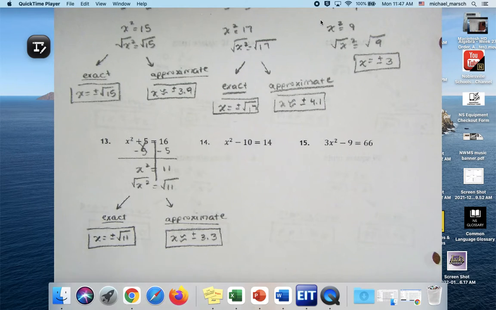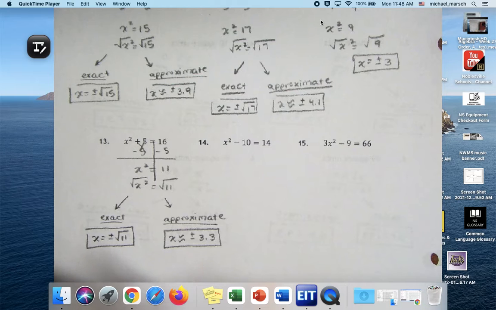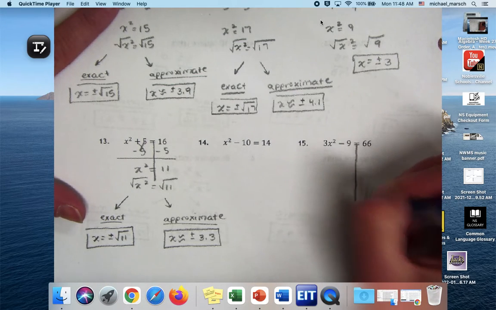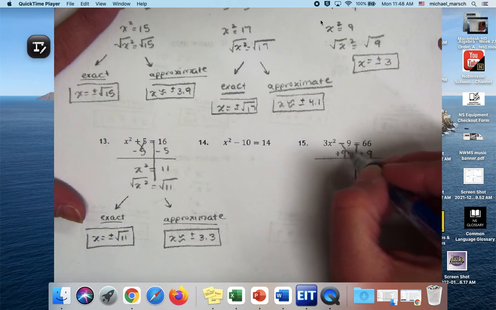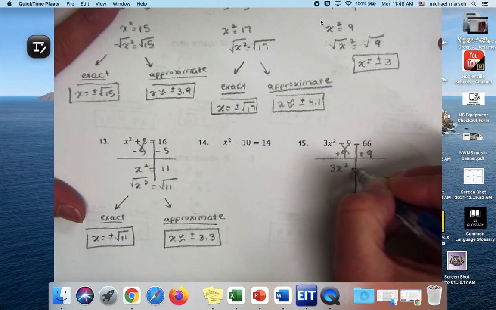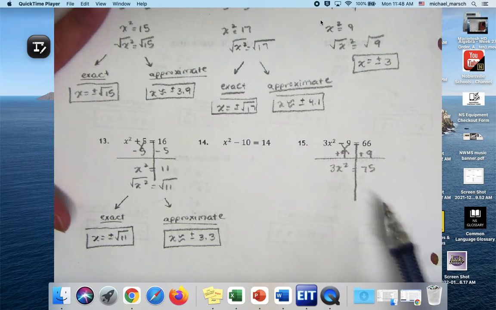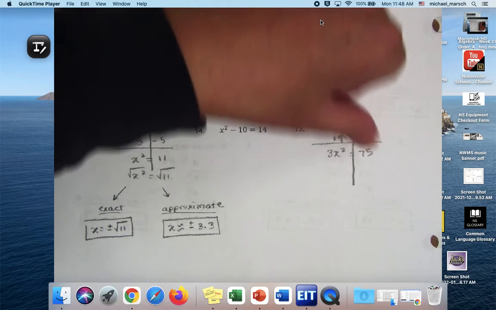All right, so when you look at number 15, this is like having a two-step equation. So the first thing I'm going to do is add 9 to both sides. So now I'm left with 3x squared equals 75. And then I'm back where I would just divide by that coefficient.